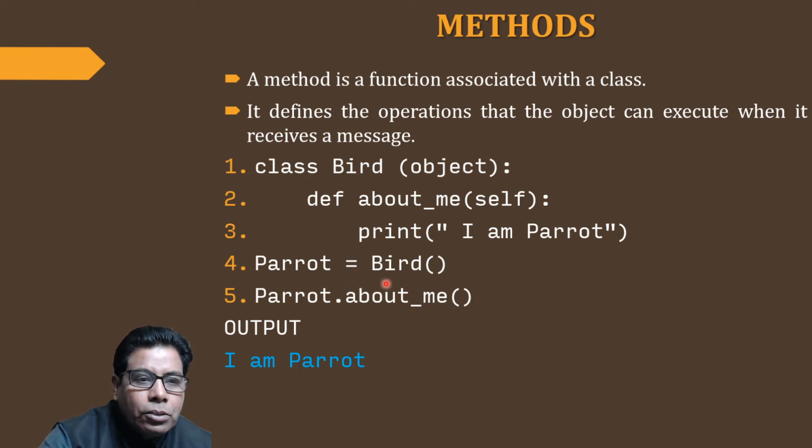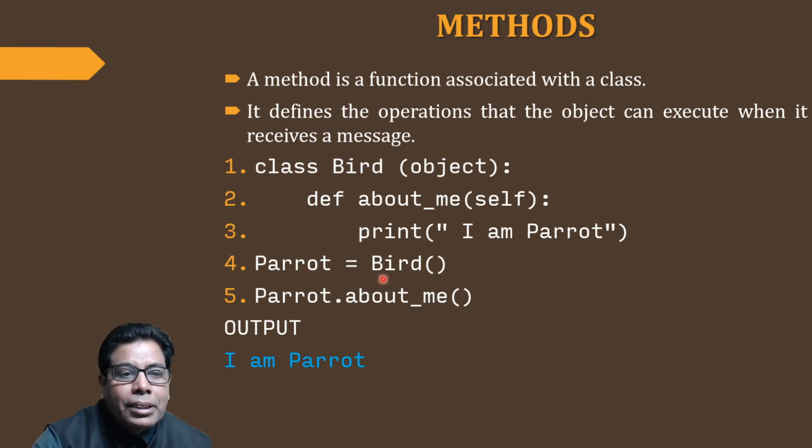Then parrot is equal to bird. So here we are creating the object of the class bird, and the name of the object is parrot. So now we can access the method with this dot operator, parrot dot about me. So when we write this statement, automatically it will print I am parrot.